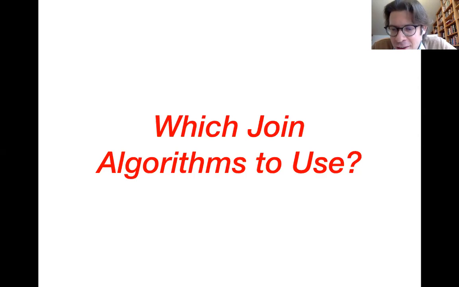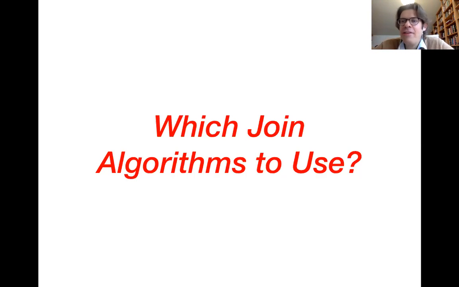Why do you think this join is particularly well suited? Okay, yeah, that is a good point. And yes, absolutely. I mean, it is well suited because we have one indexed relation.